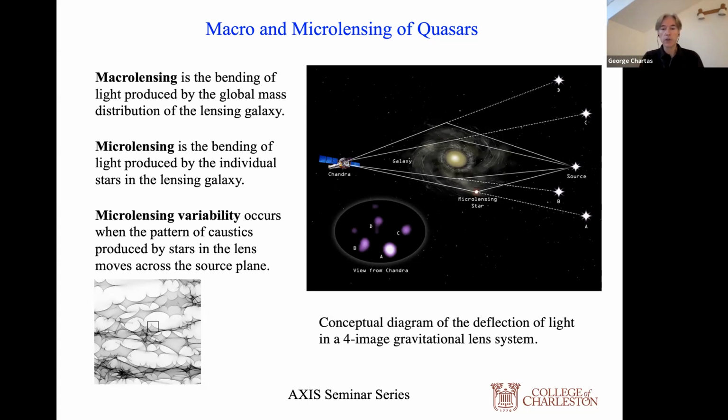All right. So another property of microlensing is that it affects compact objects more strongly than extended objects. So for example, we know that the X-rays are more compact than the optical disk. So we expect that the microlensing to affect X-rays more than the optical light in a quasar.